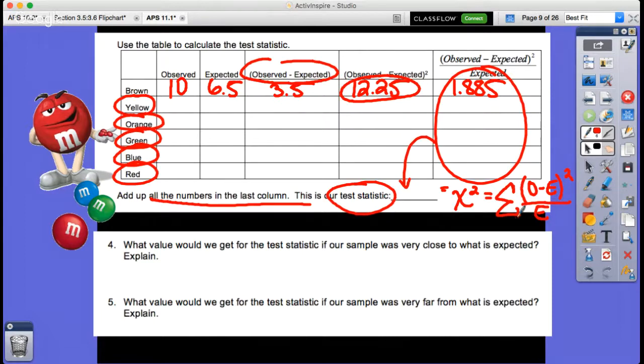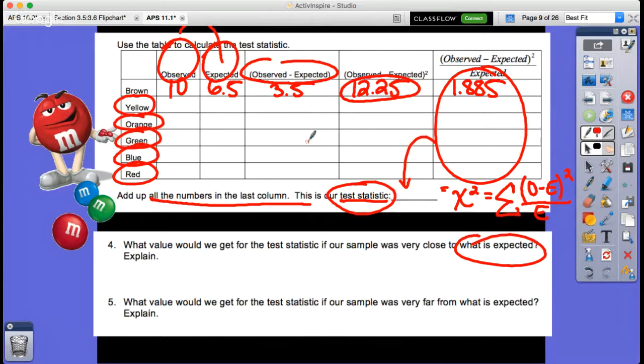Now, here's the question. What value within my test statistic would we get if our sample was very close to what was expected? Well, if our observed matched up to our expected, that means we would have a very low number in through here, which even squared would be close to 0.